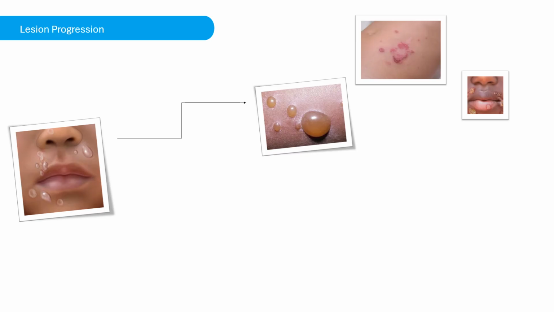As we see here in the first picture, we have a fluid-filled bulla, and these can pop, and when they pop, they form a crust, as we see the typical characteristic with this disease, the crust on the skin.